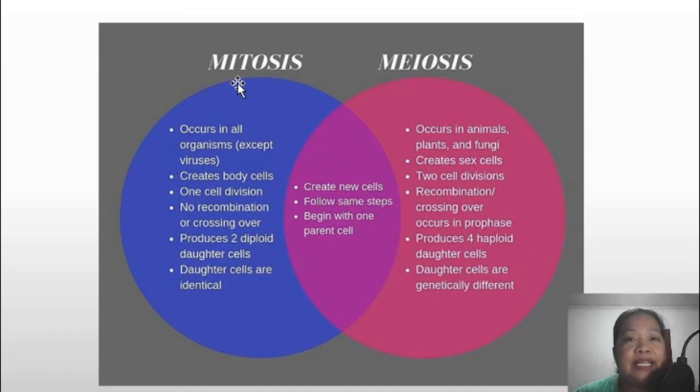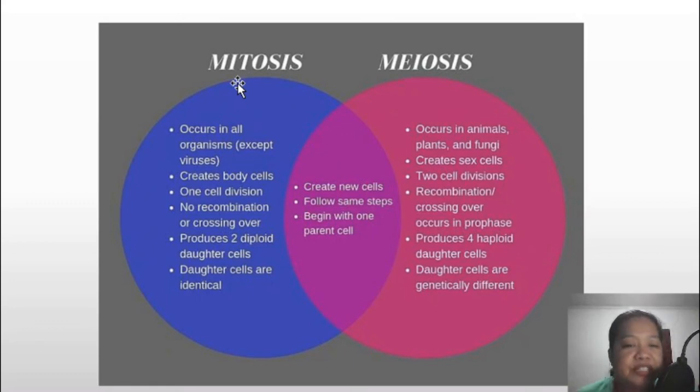No variability happens in mitotic division. While in meiosis, there is recombination or crossing over of chromatids that makes us different from each other. In mitosis, it produces two diploid daughter cells, while in meiosis, it produces four haploid daughter cells.